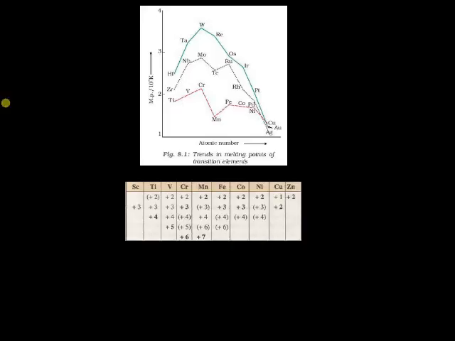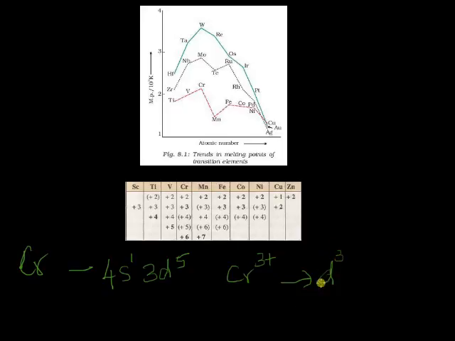Chromium has an electronic configuration of 4s1 3d5. Now when it loses 3 electrons, Cr3+, it will have a d3 configuration.